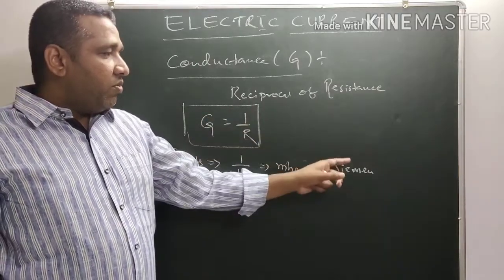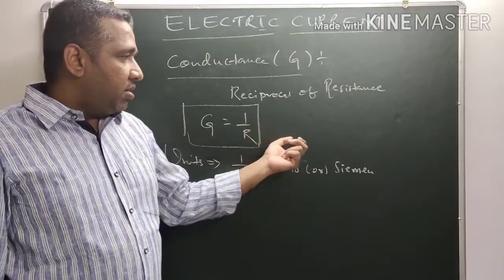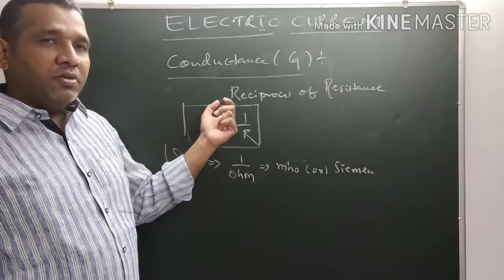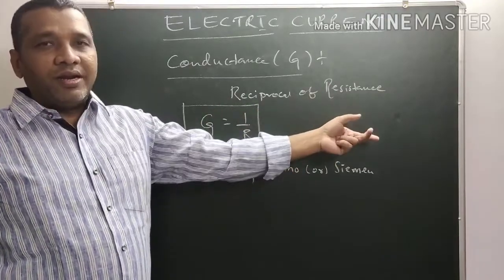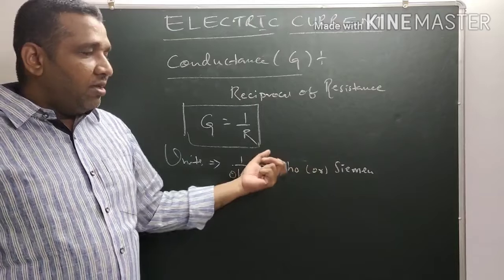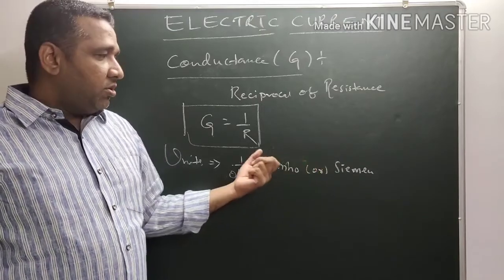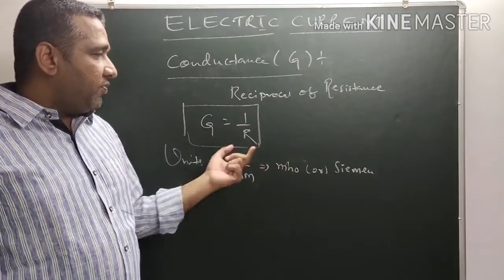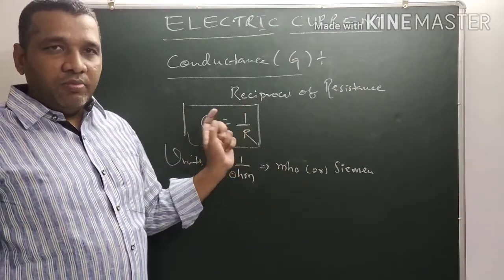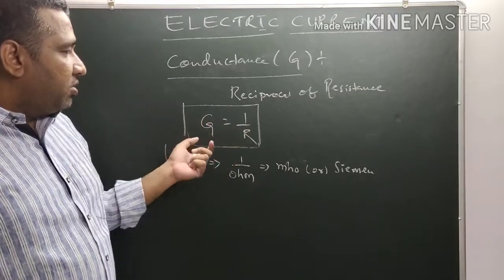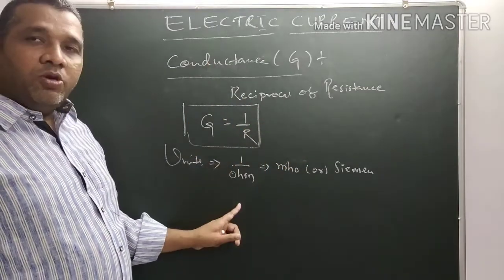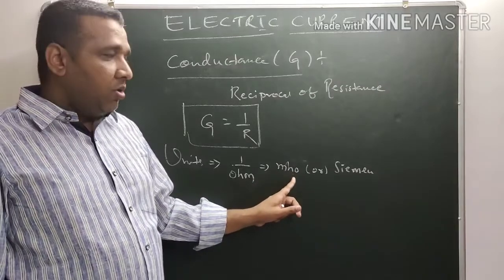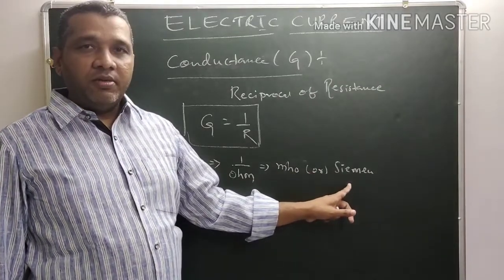You may get confused regarding the units of resistance and the units of conductance. One more you will get is conductivity. All these look similar, so you must not be confused. Based on the formulas, you can easily remember these units. For resistance, we take it as ohm. For conductance, we take it as 1 by ohm, or mho, or Siemens.